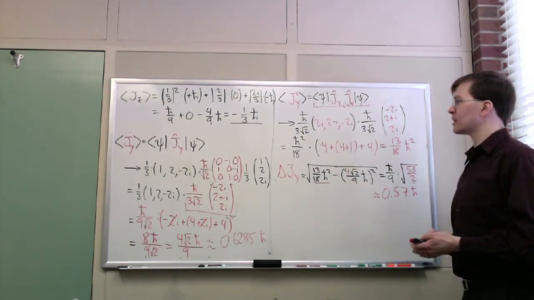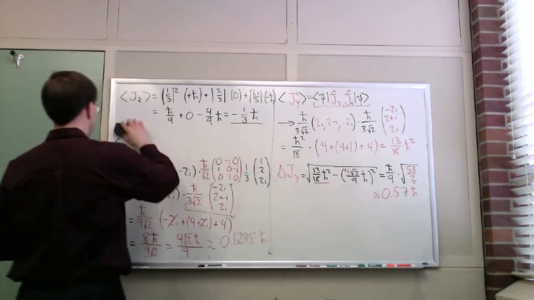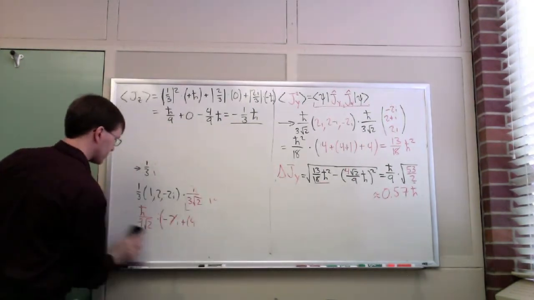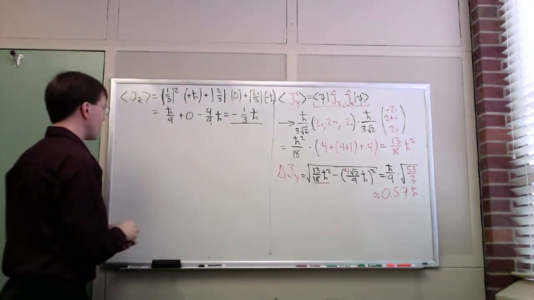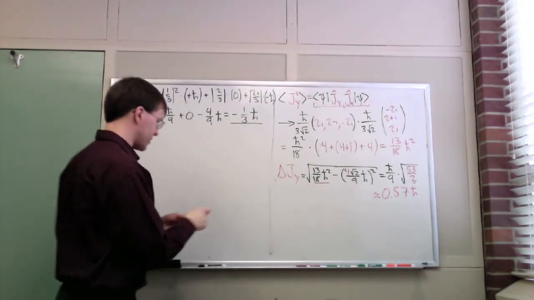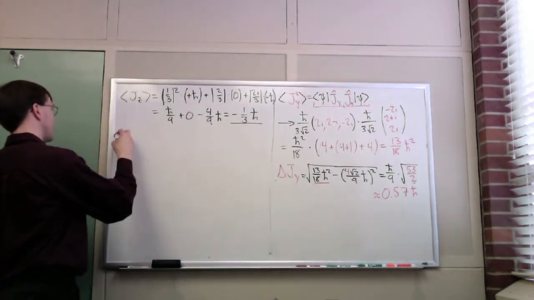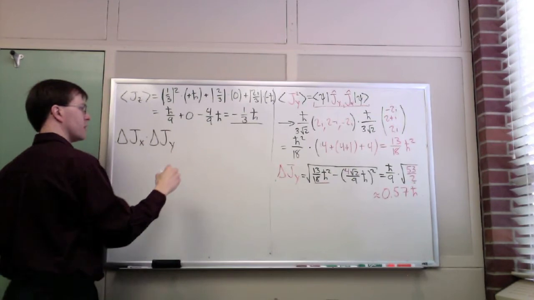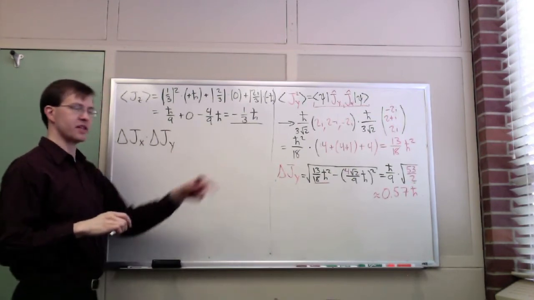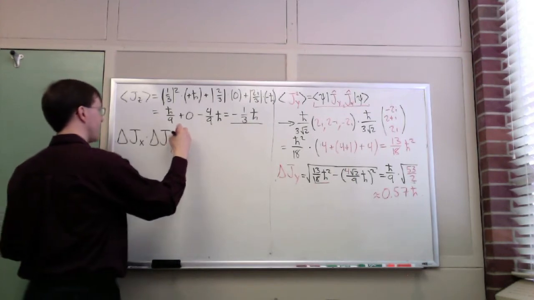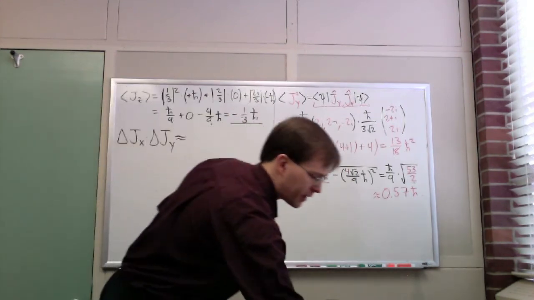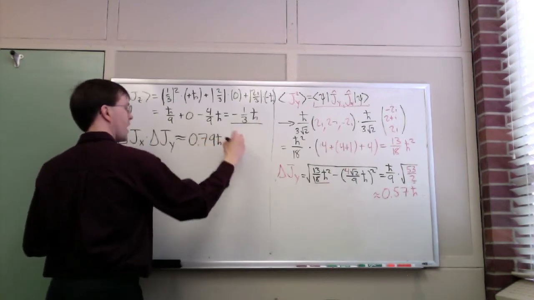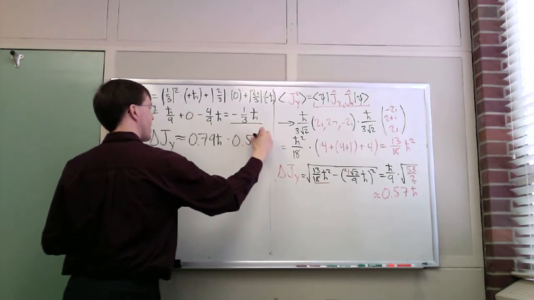So okay, putting that all together, let's test out our uncertainty relation. I'm going to leave that up there just because we're about to use it. I know that delta Jx times delta Jy, I'm not going to multiply it out in explicit form, I'm going to use the decimals because, my heavens, it's a pain, is approximately equal to 0.79 h bar times 0.57 h bar.